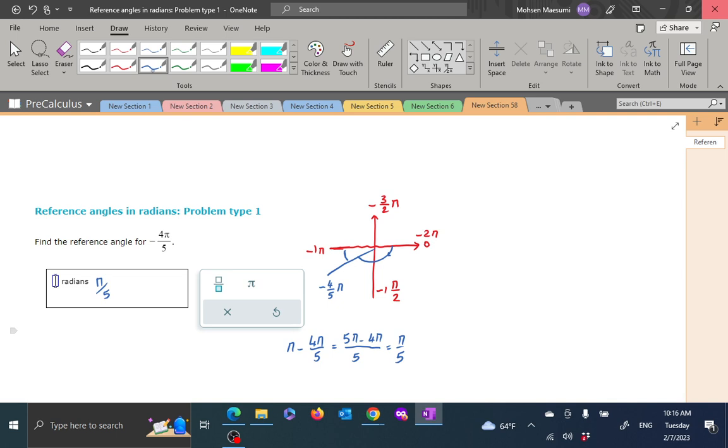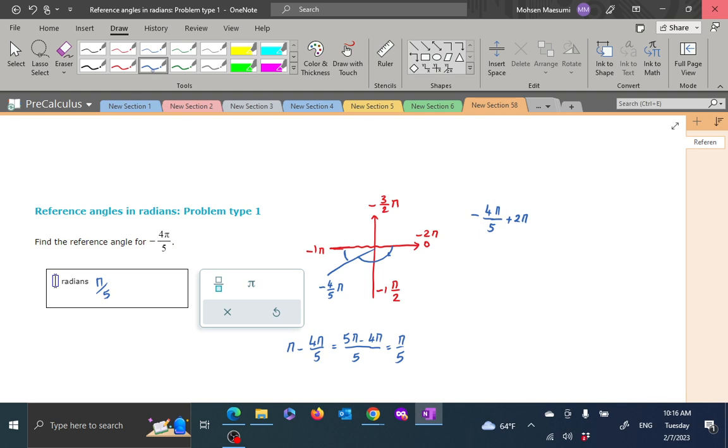Option 2, say we feel dizzy with these negatives. What do we do? Convert it to a coterminal angle, which is positive. How do I do that? Take the minus 4 pi over 5, add multiples of 2 pi to it until it becomes positive.